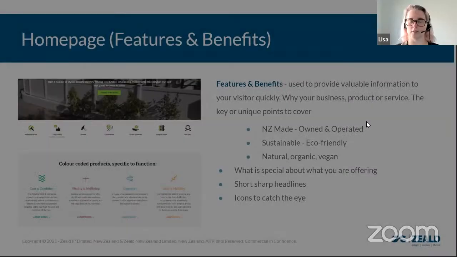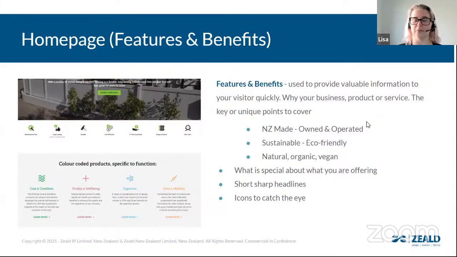So then we move down the homepage a little and we move into a section where you would have features and benefits. So these are used to provide valuable information to your visitor quickly. So these are really features and benefits that are highlighting why your business, what's going to benefit them from choosing you, what are some of the key features maybe of this product or service.